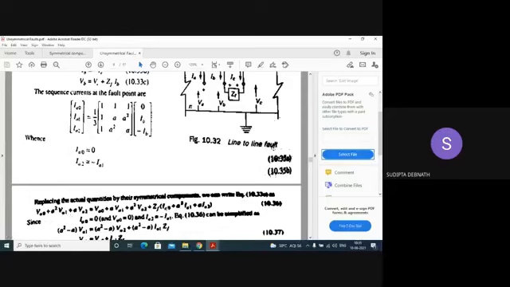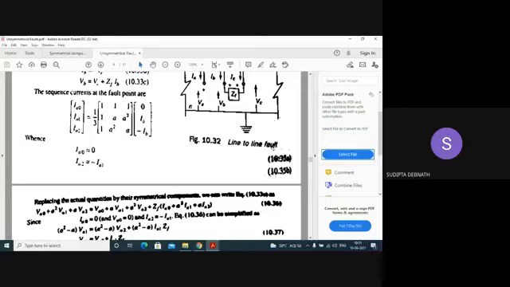Now you put IA0 equal to 0, and IA2 equal to minus IA1 in this equation. You do it and you find out.